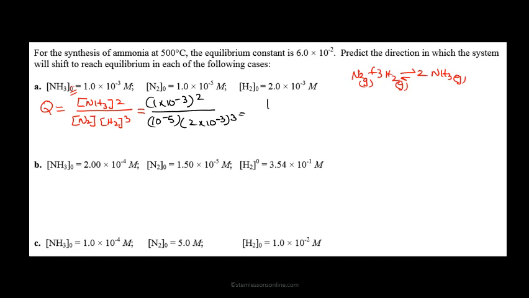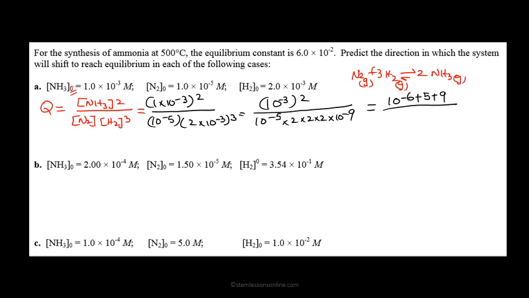So that equals 10 to the power negative 3, to the power 2, divided by 10 to the power negative 5 times 2 times 2 times 2, I'm just expanding. You can directly substitute and plug it into the calculator. So 10 to the power 3 times 2 is 6, and I'm taking the exponents to the numerator. There is a negative 5 at the bottom, so it will be plus 5. There is a negative 9, so it will be plus 9.